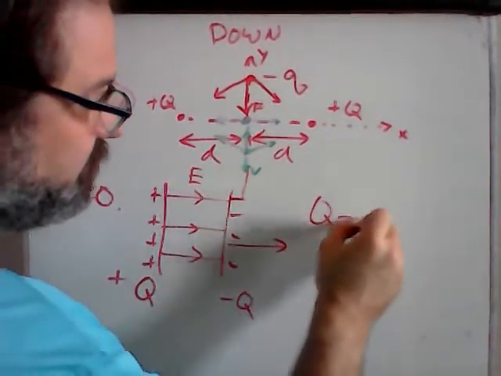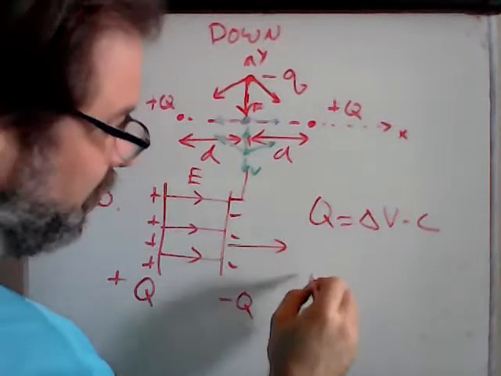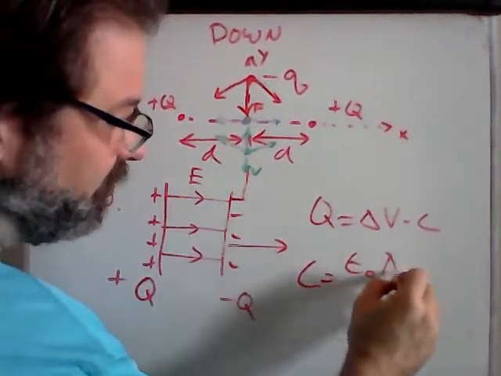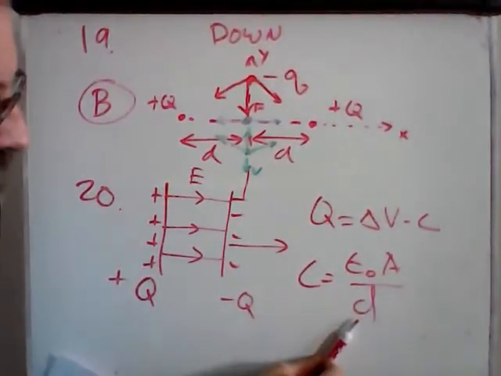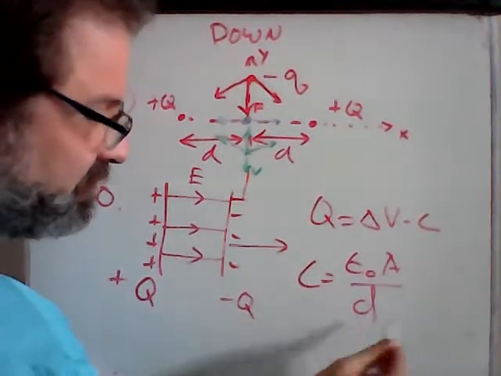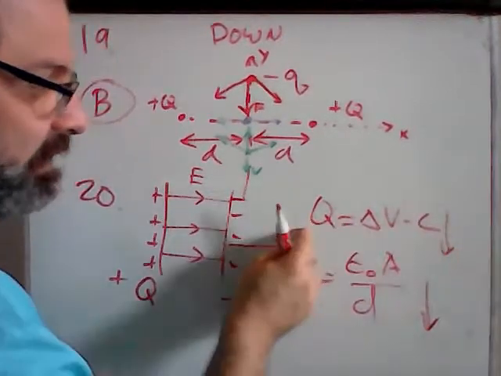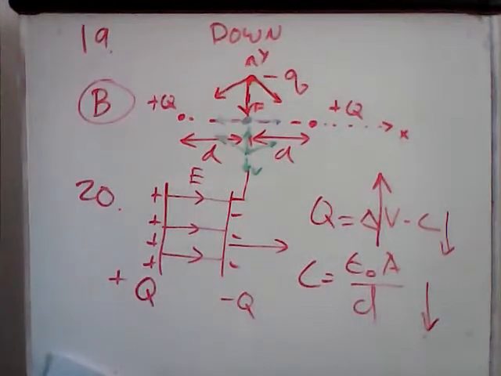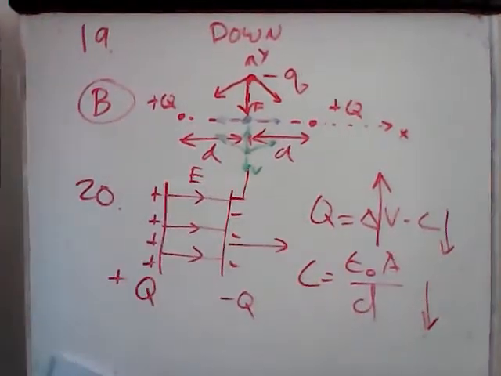We have Q is equal to delta V times C, and we have that the capacitance is equal to epsilon naught A divided by D. So D becomes larger, capacitance has to go down. So capacitance will decrease. Well, if C decreases and Q stays the same, that means that delta V needs to increase in order to compensate for the smaller capacitance and the charge staying constant.